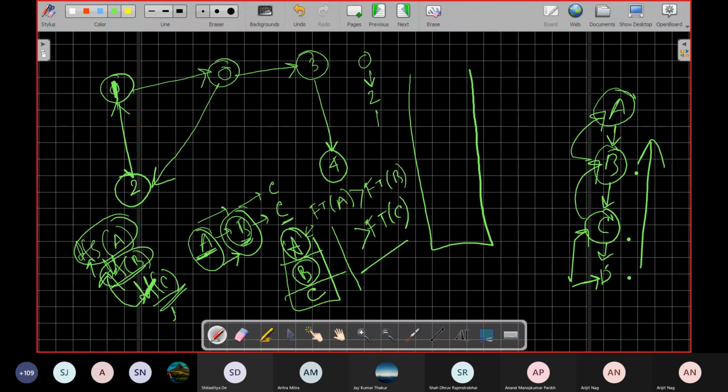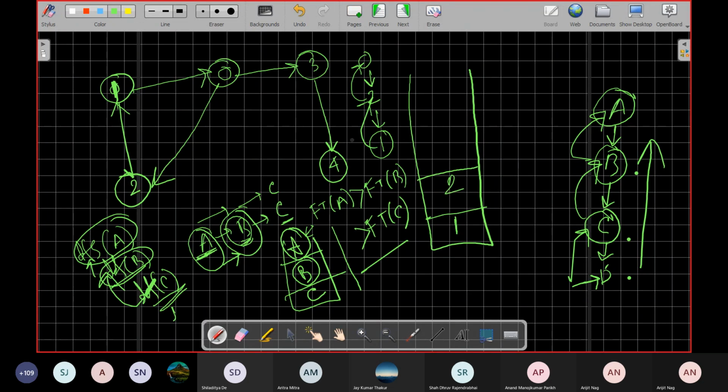From DFS 2, there is only one option, we go to 1. But from 1 there are no other options, so we just backtrack. Before backtracking from 1, we push 1 onto the stack. Now we are back in 2, and from 2 there are no other options, so before backtracking from 2, we push 2 into the stack.